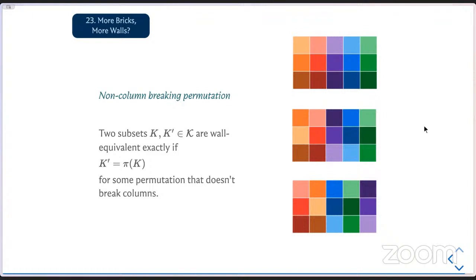By the way, it's not completely clear, this notation also, pi of K, because K is a subset of locations. I guess it's a subset of n. So what does pi acting on a subset mean?